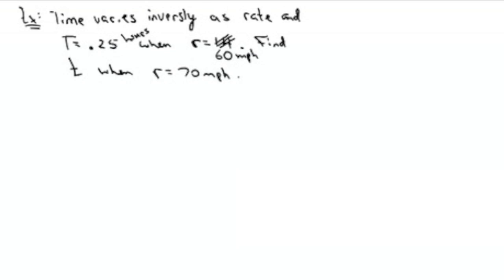This is the problem. I'm going to show you that it's worthless to actually speed. So when I say time varies inversely, or invert, that's the best way to say it. When time varies inversely as the rate, you're going to say t, I wrote little t and big T. Which one looks better to you, little t or big T?